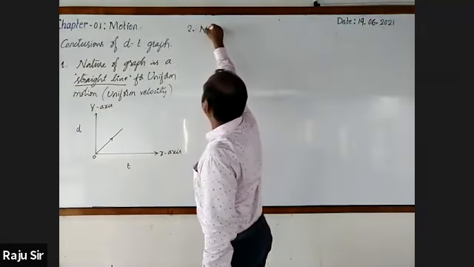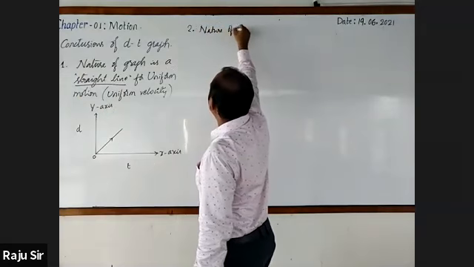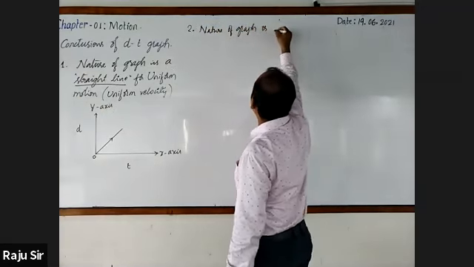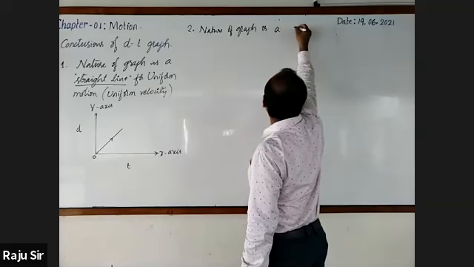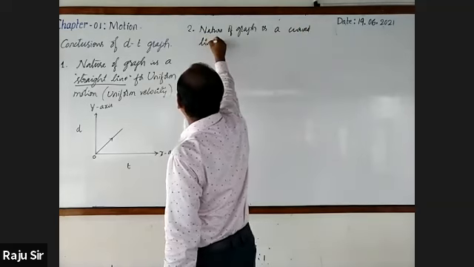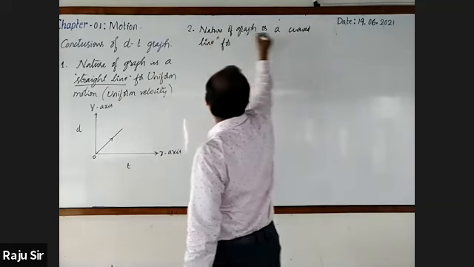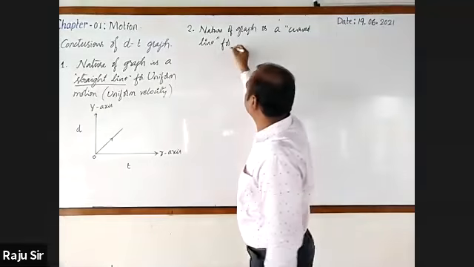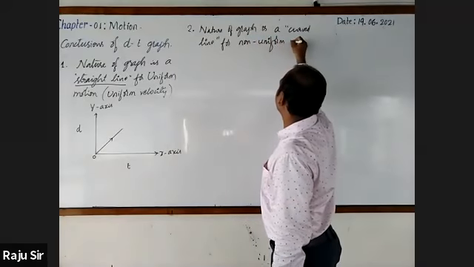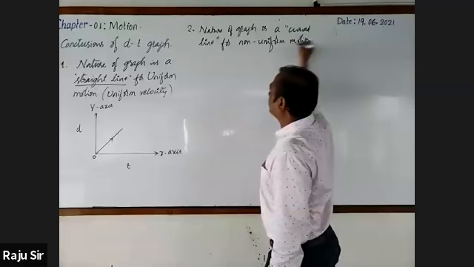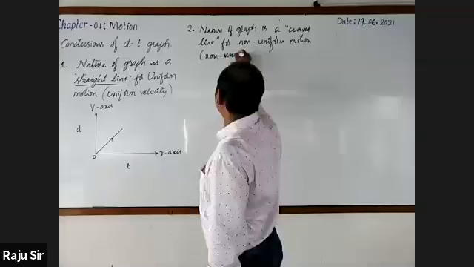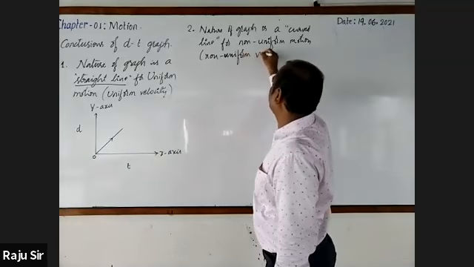Second one: nature of graph is a curved line for non-uniform motion. In bracket you may write non-uniform velocity.